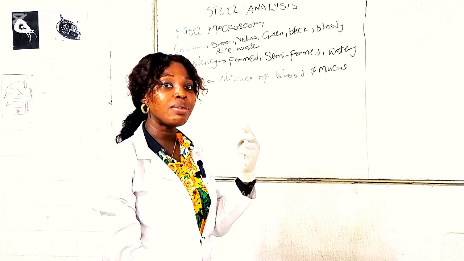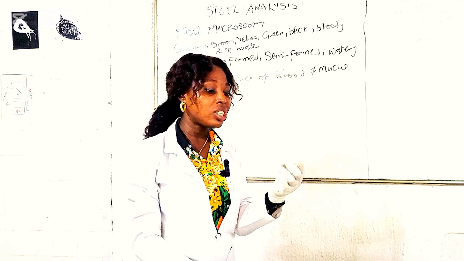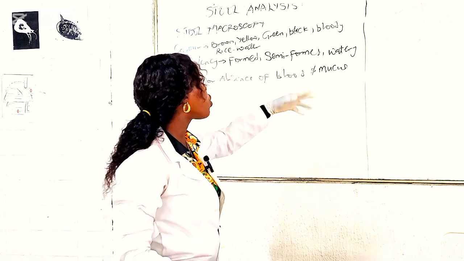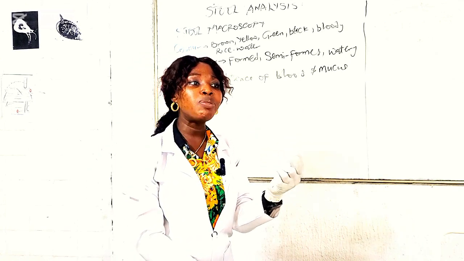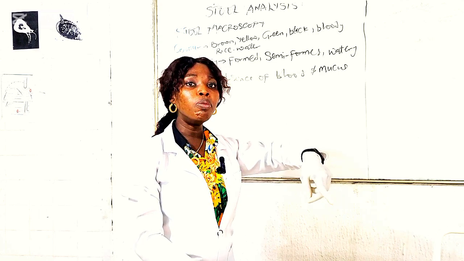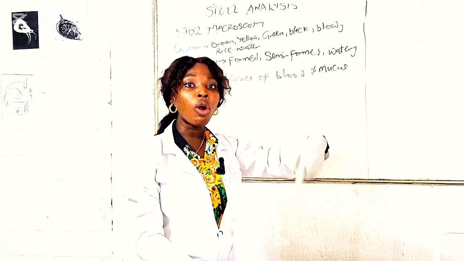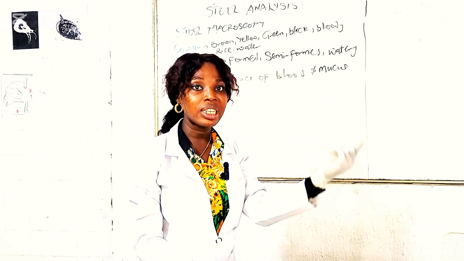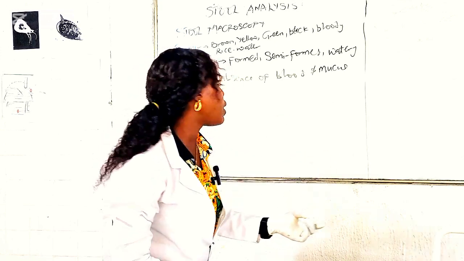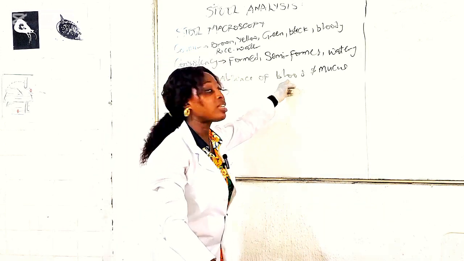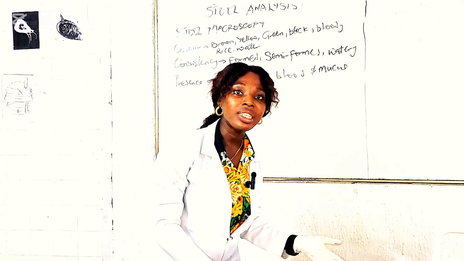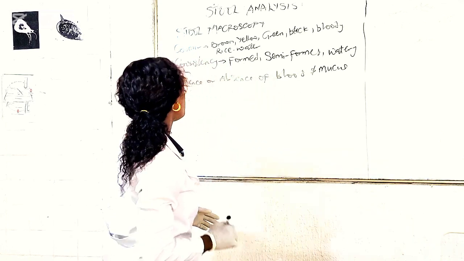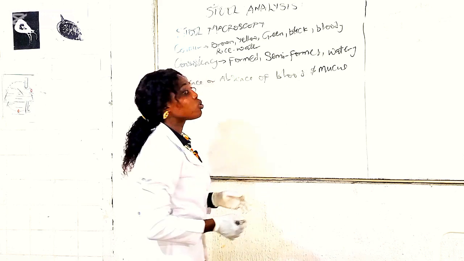You know how slimy that phlegm looks. That's how mucus is. When your stool contains mucus, it begins to be mucoid. It draws like your phlegm. Then you also check for the presence or absence of blood in the stool sample. So that's how we do our macroscopy.